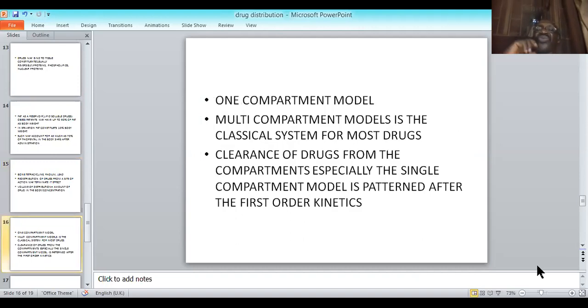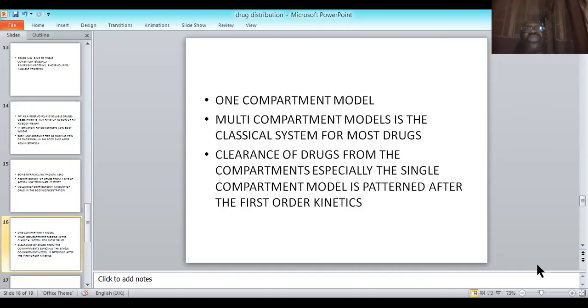Now, when we talk about drug distribution, we talk about different compartment models. One compartment model, multi-compartment model. One compartment model, for example, assumes that wherever the drug is in the body, in the blood, in the tissues, it is one compartment, the same pH, the same characteristics.